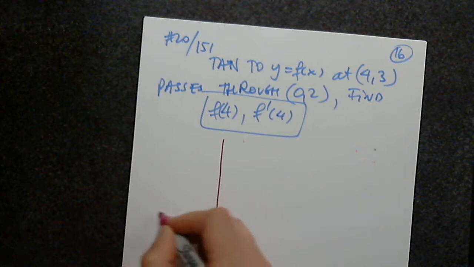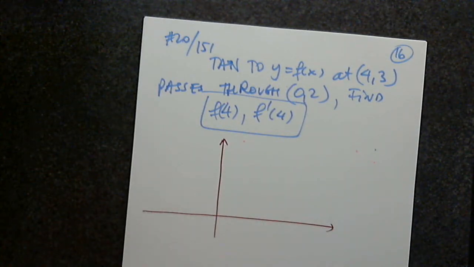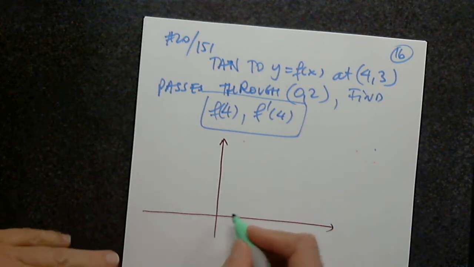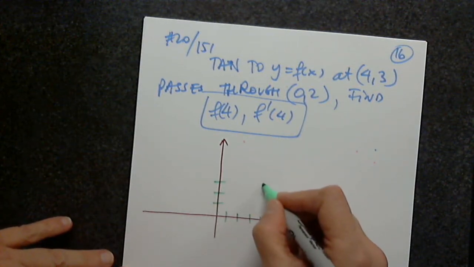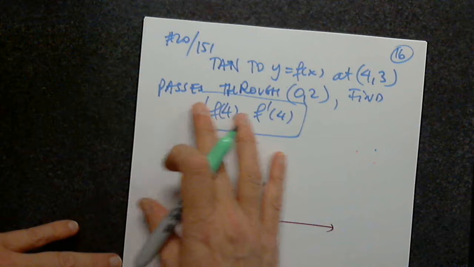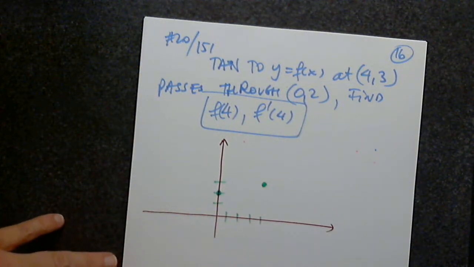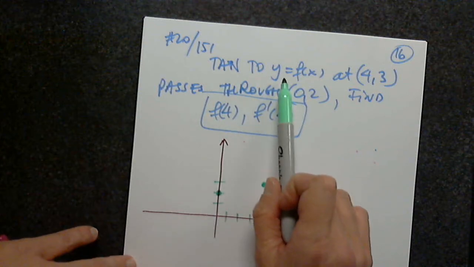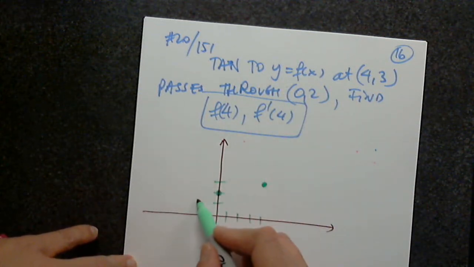Okay, let's take a look at a graph. The point (4, 3) is this. The point (0, 2) is this one. Now I read: the tangent to the graph. I don't know where the graph is and I don't care. So the tangent to the graph of the function at (4, 3) passes through this point.